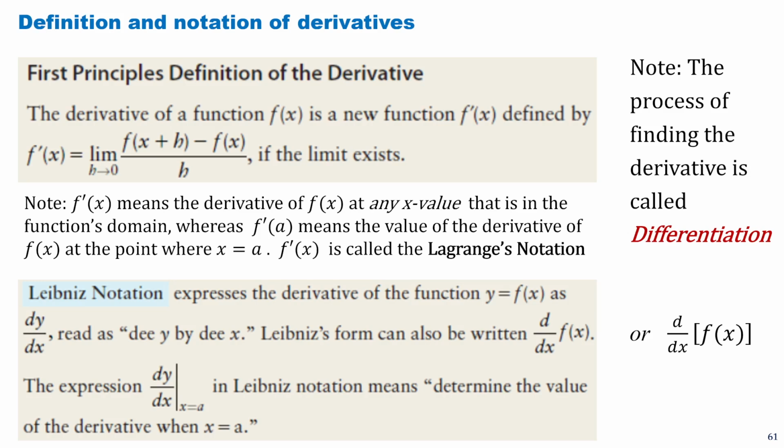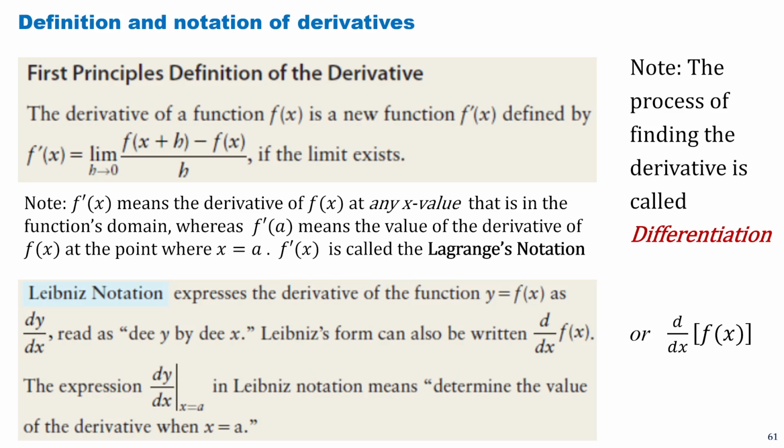So there are two notations we can use. First, we can use f'(x), right? The derivative of a function f(x) is also a new function f'(x) defined by this limit, because we know at different points the derivative of the function could be different, right?